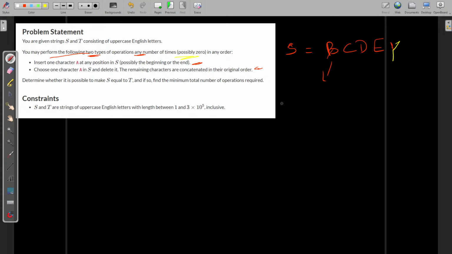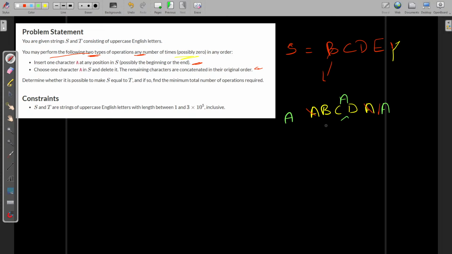What you can do is, if the string already contains some occurrences of A, then you can delete any of those occurrences or all occurrences of A. You can delete only the character A. And for the insertion as well, you can insert only the character A at any new position, at the start, at the end, or in the middle somewhere.